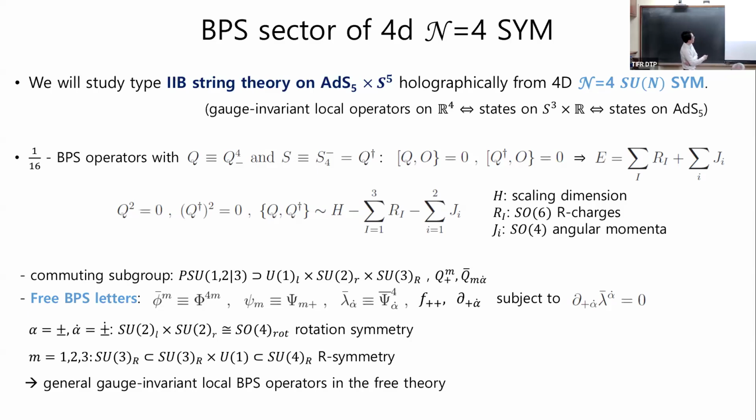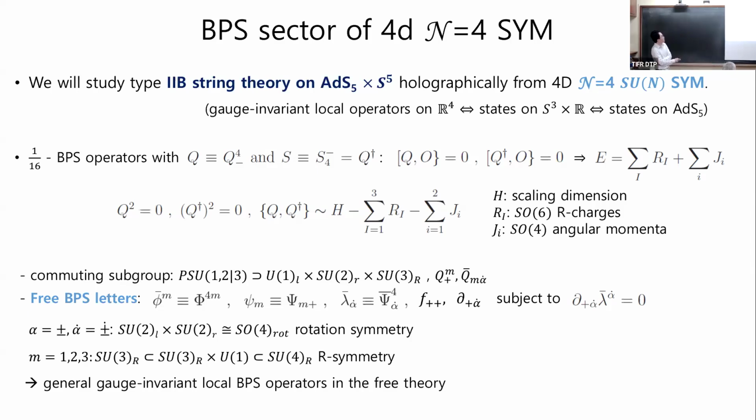So they are nilpotent operators and give you these. So the 1/16 BPS operator will have vanishing of this combination of charges, so it will satisfy this BPS condition, which states that the energy equals the sum of the R-charges and angular momenta.